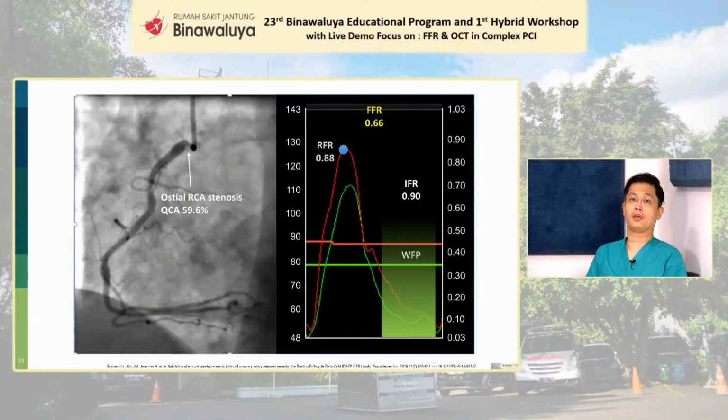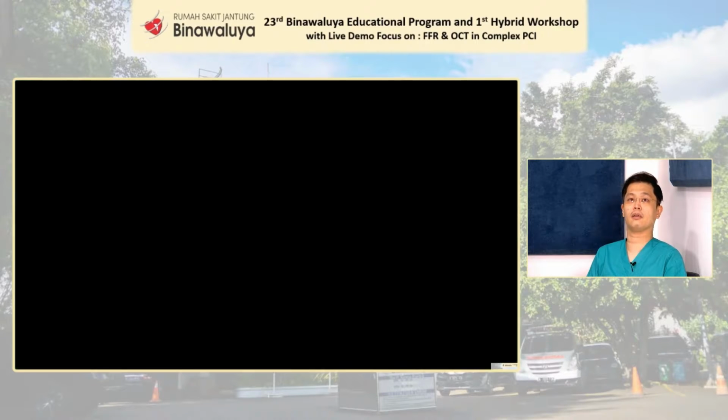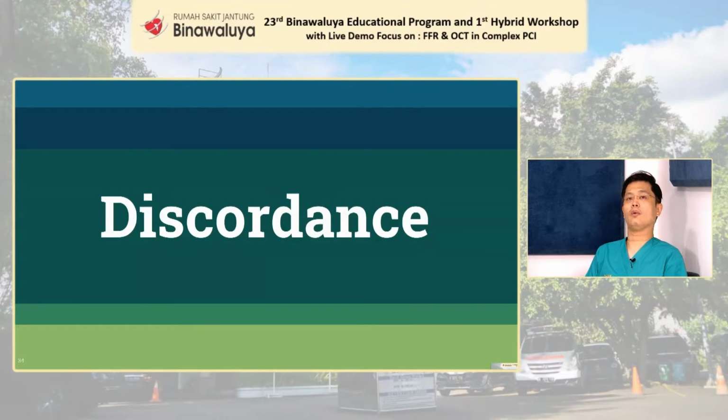And therefore, the operators proceeded to perform an FFR, and it turned out to be significant, and this lesion needed to be fixed. If you were to have based the assessment purely on the IFR, then this lesion would have been deferred, and that is actually going to cause some problems, because this lesion was functionally significant by means of the FFR.